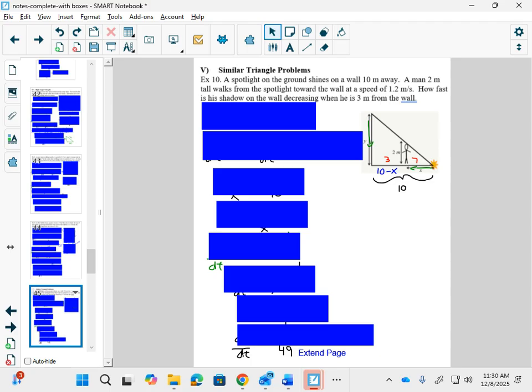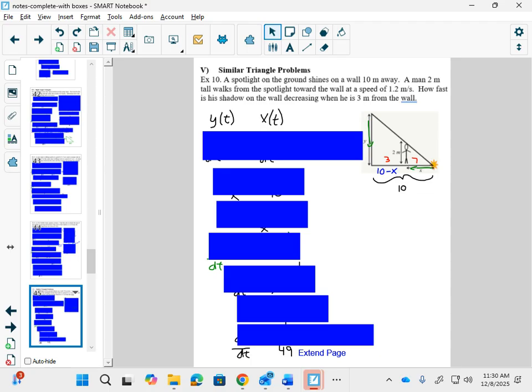Both of those values are changing. I chose this as my x because that is the value of 1.2 meters per second. If I choose this as my x, it's positive because it's getting bigger. We're going to find dy dt. It's getting smaller. We should get a negative answer in the end.